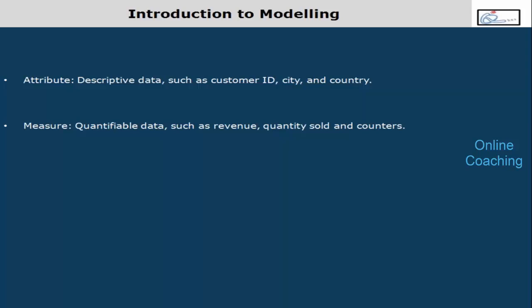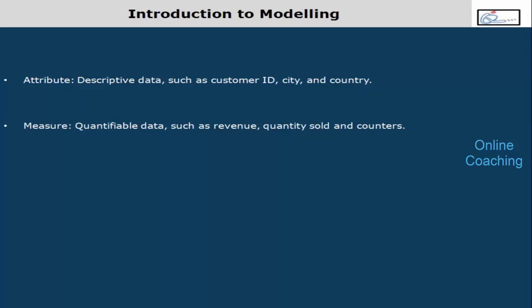For example, anything which answers a question like how many years, how many employees, what was my total revenue, what was my total amount earned, what was my total profit, or what is the number of employees in a company. Anything which can be quantified, which can be measured, is what we refer to as a measure in HANA. And any business subject or descriptive information is what we refer to as an attribute.